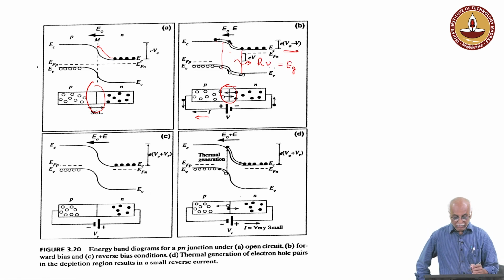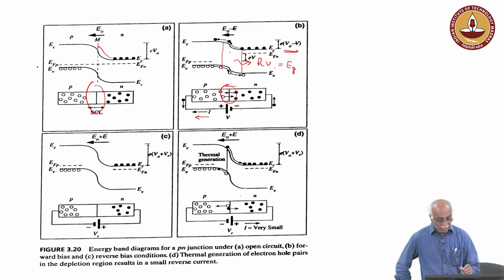On the other hand, when we apply negative bias, we will see that this energy gap increases and the electron will not be able to cross over. We will not be able to see these combinations of electron-hole pairs generated, etc.